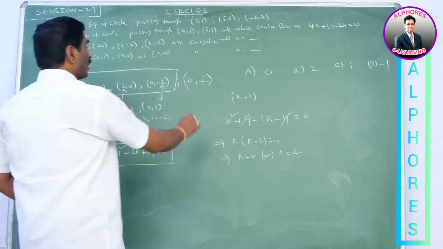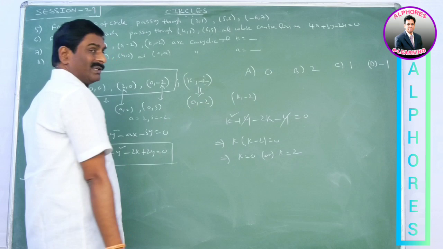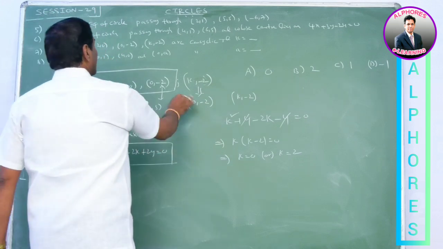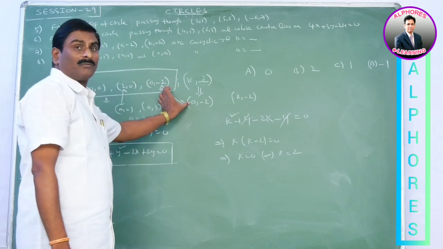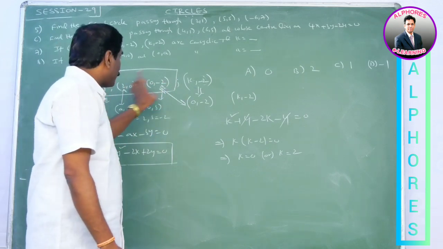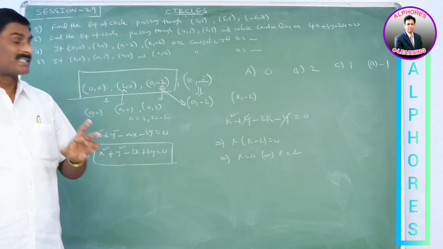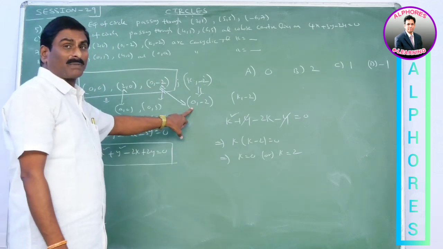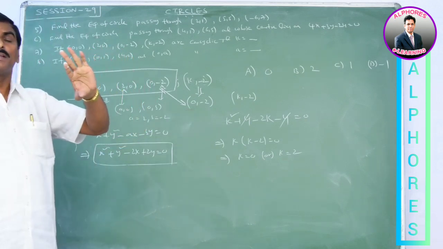Suppose k is equal to 0, this point can be reduced into 0, minus 2. This 0, minus 2 is same as the third point. These two are coincident. That means from the given, these are 4 points, but these two are coincident. From the given, the 4 points are equal to 3 points.